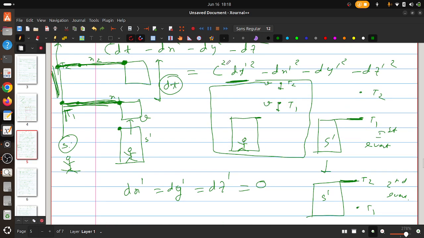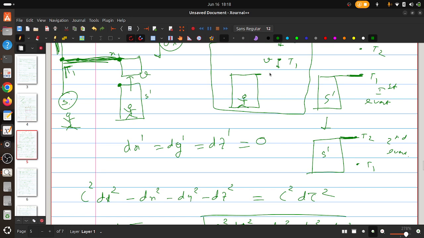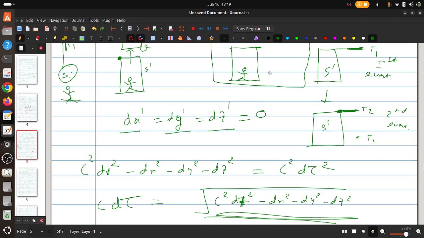Both of the events are taking place at exactly the same spatial location when measured in the S prime frame, because the spatial point is fixed, and that is the front end of the car. So we can simply put dx prime, dy prime and dz prime equal to 0, because there is no spatial distance between the events.